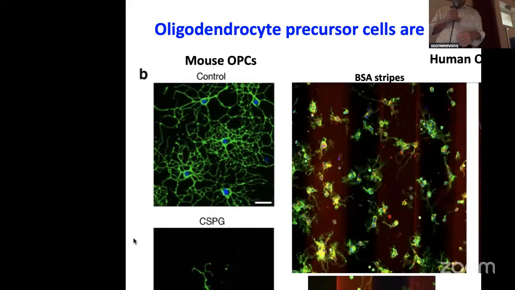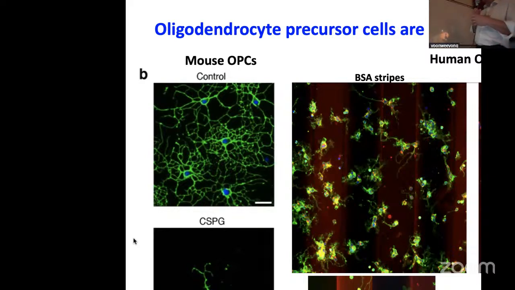I think perhaps the best example of the inhibitory nature of these CSPGs can be shown in this work with stripe assays. In red are stripes that are coated with your protein of interest: bovine serum albumin as a control, or CSPGs to our right.